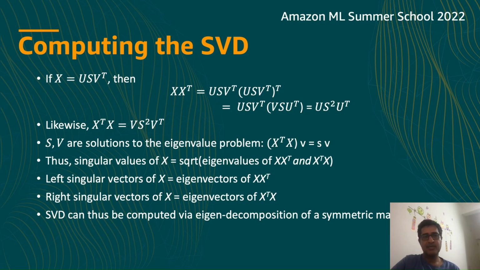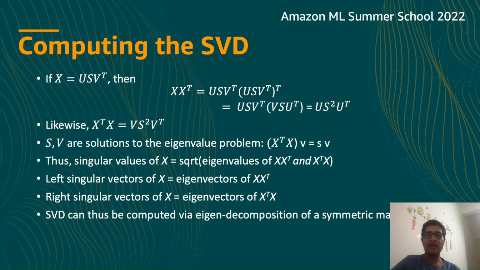So your U, S, V become solutions to an eigenvalue problem, and these are symmetric matrices themselves. X transpose X is a symmetric matrix. So essentially what you are able to do is convert the SVD problem solution to an eigenvalue identification problem, right?